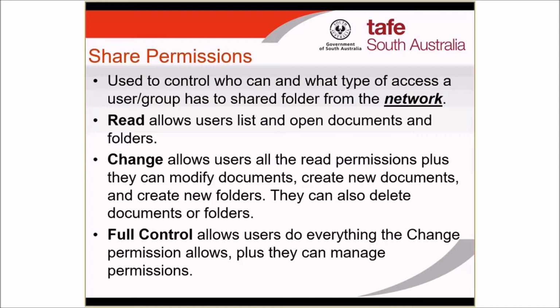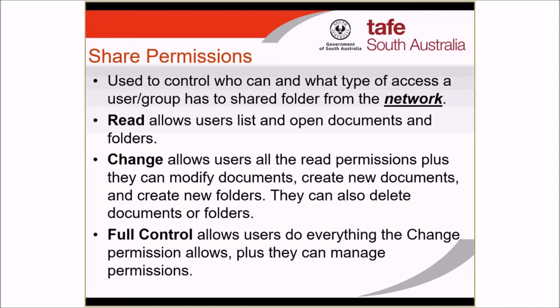They can see the files, obviously. Then there's change. Change gives you everything that read does, plus the ability to modify the files, create new files, as well as delete files or folders. Fairly straightforward. And then there's full control.